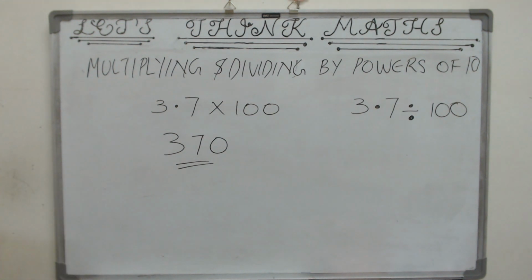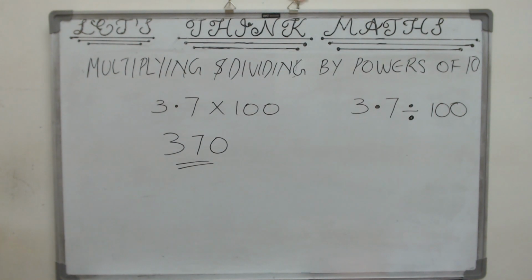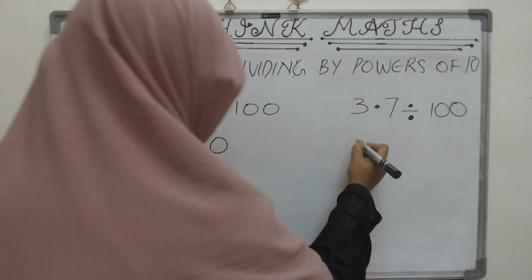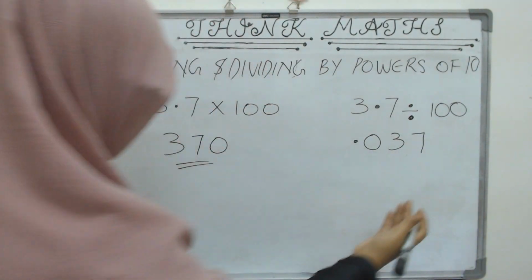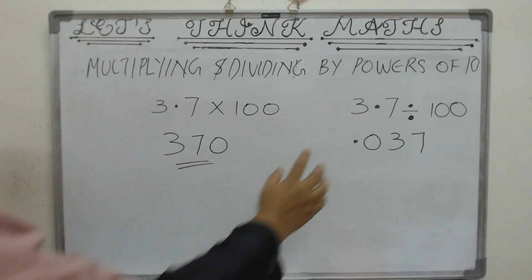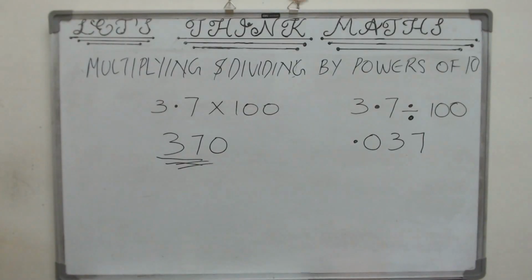Because you are multiplying it, your answer will increase. What about the next one? You have to go back by 2 places, but there is only one place. Then what will you do? Add a zero. Make sure the zeros that you add come in between the decimal point and the answer that you have.